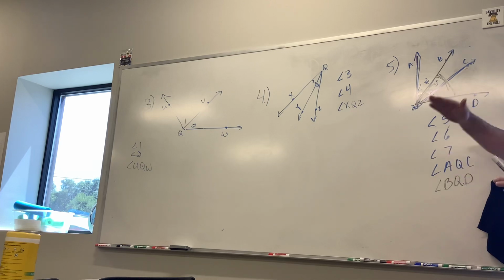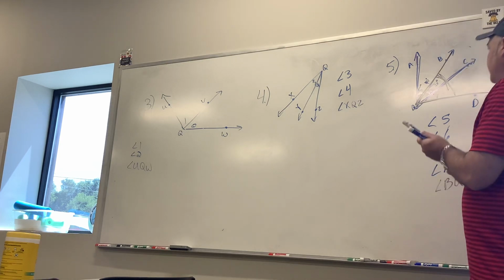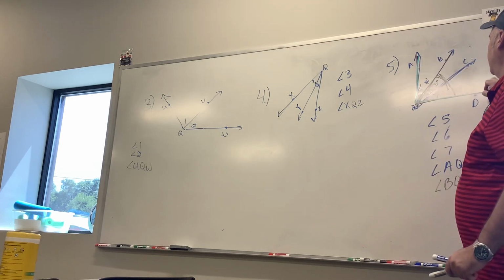AQD. That's 5, 6, and 7 combined. That's a totally different angle. So far we've got 40, 20, 45, 60, 65. If you combine them all, that's 105. That's a totally different angle. So that is this whole angle, all of it combined, and that's AQD.